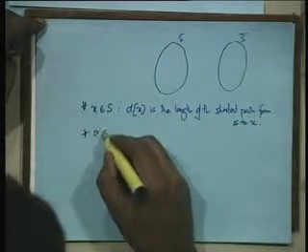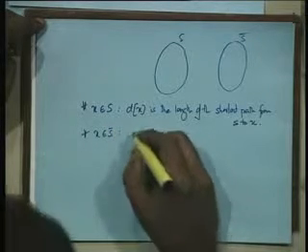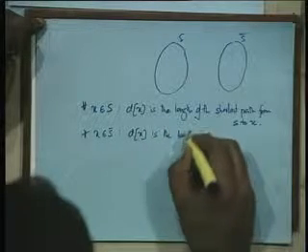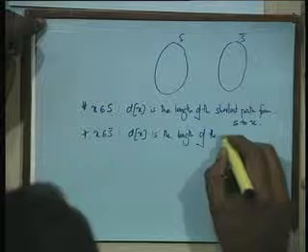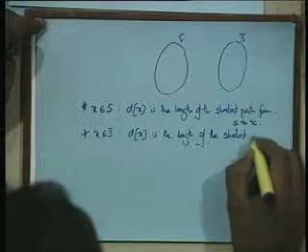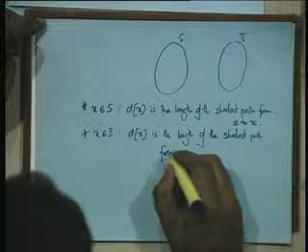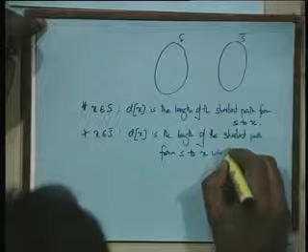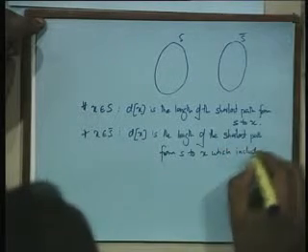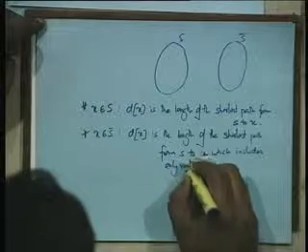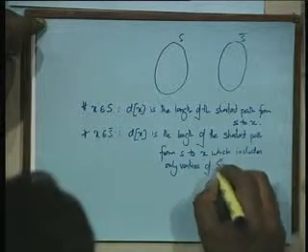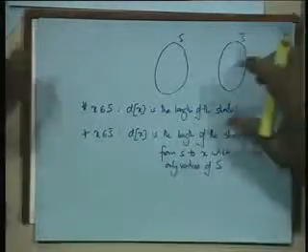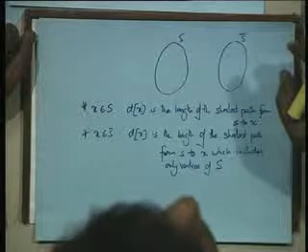For all x in S complement, d of x is the length of the shortest path from S to x, which includes only vertices of capital S. Okay, these two statements will have to be part of your induction hypothesis.